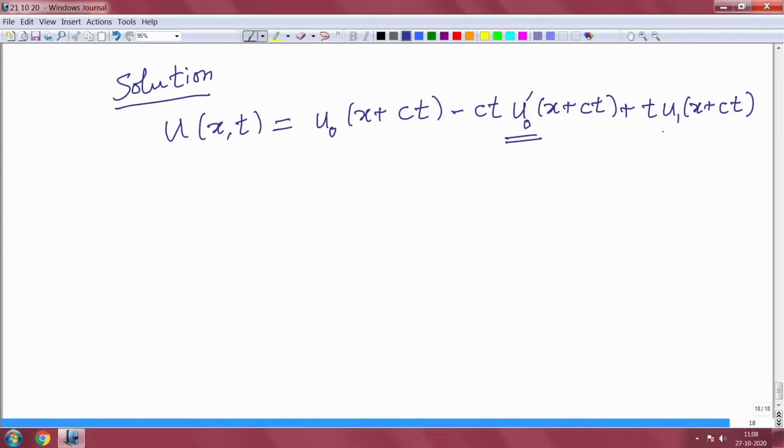There is no integration of u 1, but u 1 appears as it is. So, now for u to be a C 2 function of x and t, that is what we need, at least 2 derivatives.